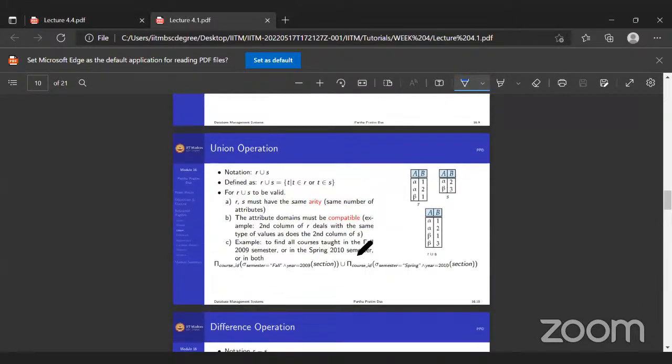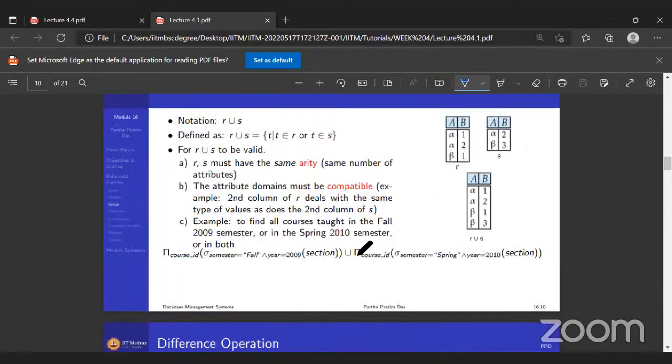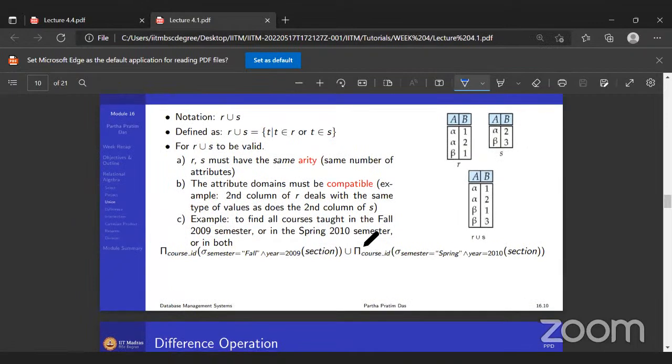Okay. So you can see there are three set operations, right? Union, difference, and intersection. For that, these two conditions need to be satisfied. First, the number of columns.